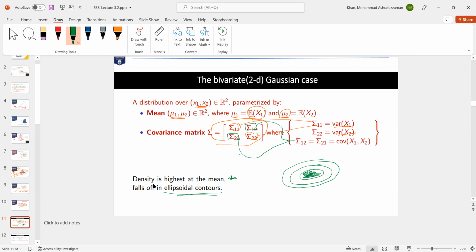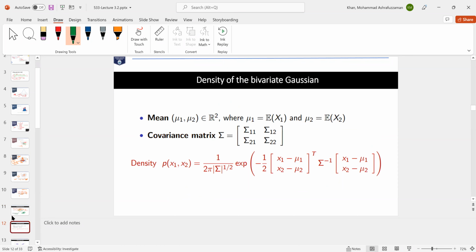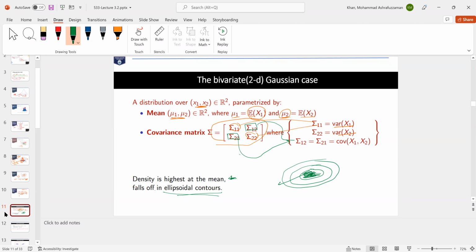The further we go from the mean, the density values fall. The density values fall exponentially. Any questions? Okay.